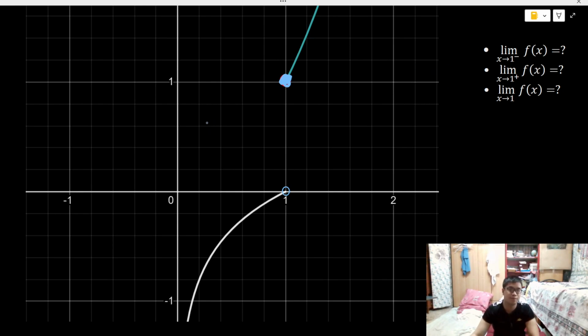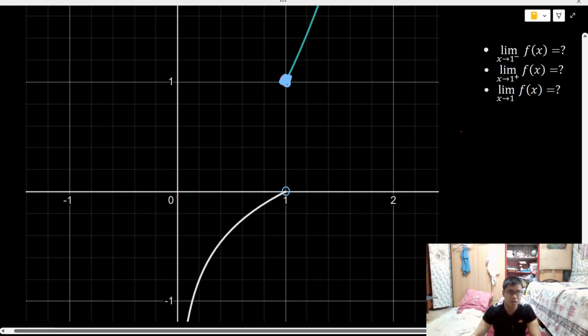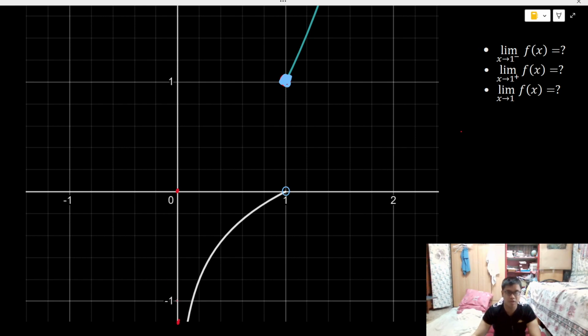approaches 1 from the left. So let's just say we start from the left, which is 0. It's actually going to an asymptotic line. Basically, maybe it approaches something like negative infinity. How about midway to 0 and 1, which is 0.5?